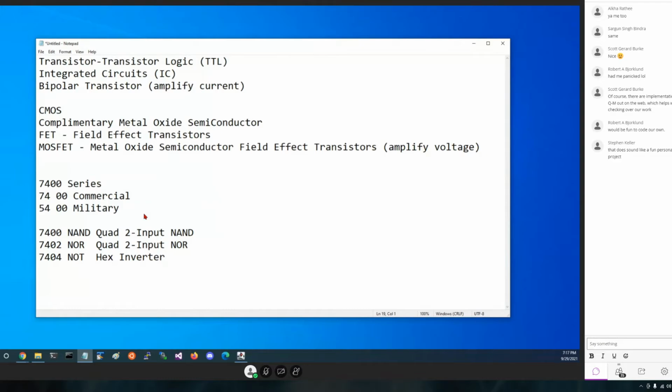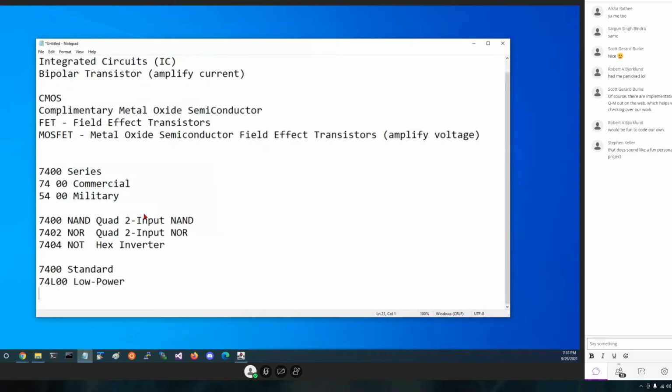Now, additionally, over the years, the part has changed the way it's manufactured and been changed to do different things. For example, the standard family looks like that. One that uses low power might look like that, where the L in between says it's a low power technology chip, and the specifications for it will be different.